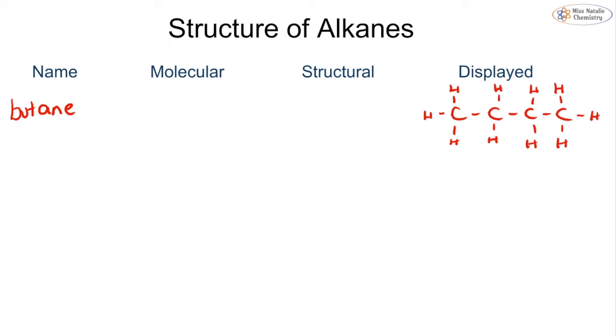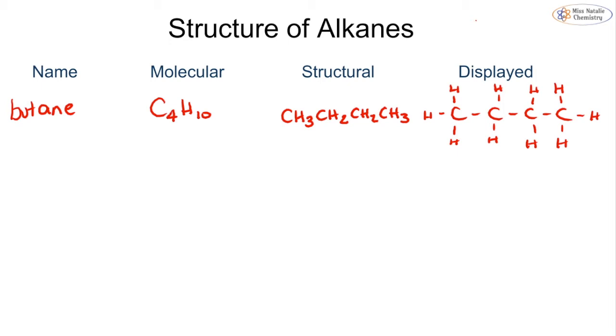Our structural formula takes them into small chunks, so we have a CH3, CH2, a CH2, and a CH3. You'll notice that each time we're extending the chain and moving up another carbon, we are adding a CH2 into the centre of our structural and our displayed formula. That's the homologous series, so each member differs by CH2. And for the molecular formula, we have 4 carbons and 10 hydrogens.